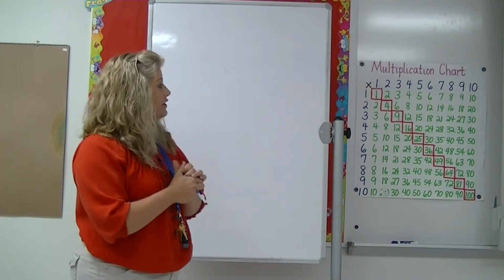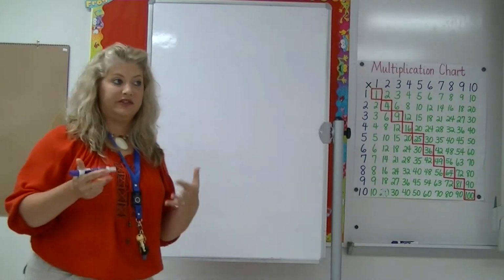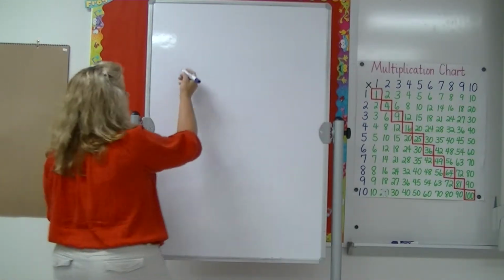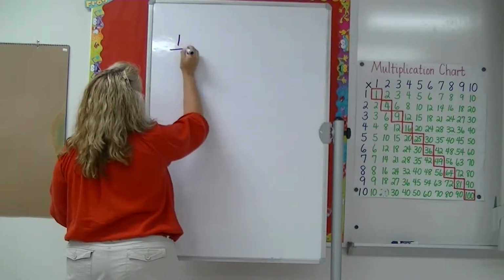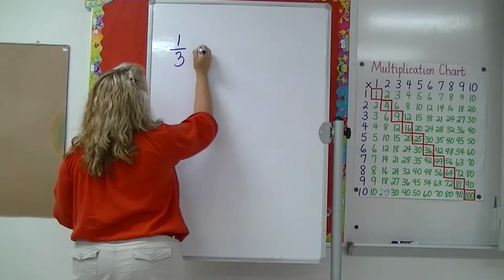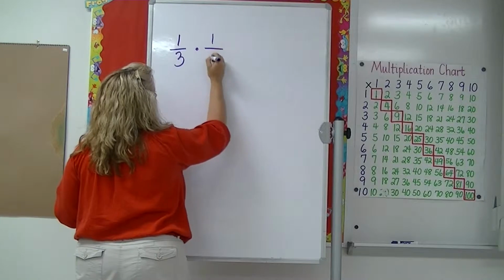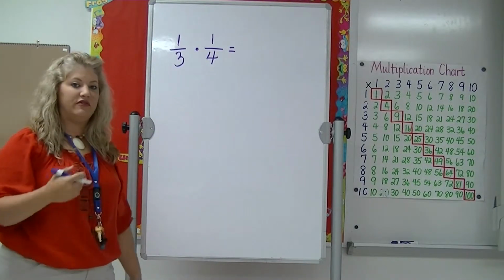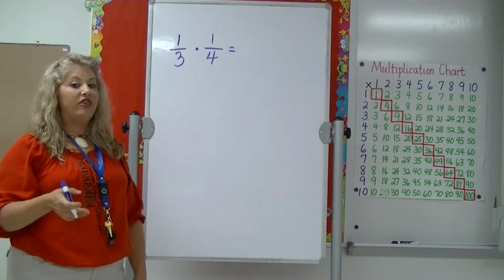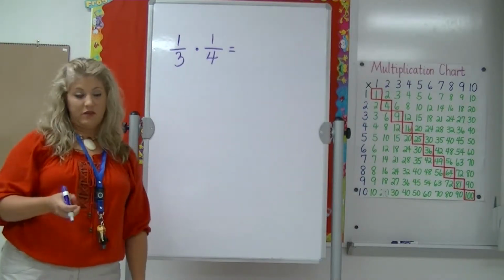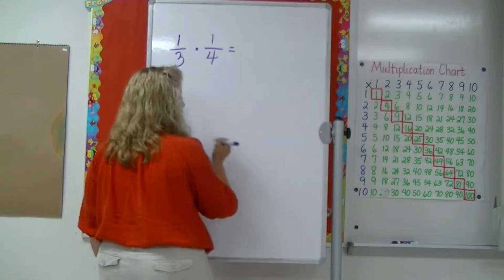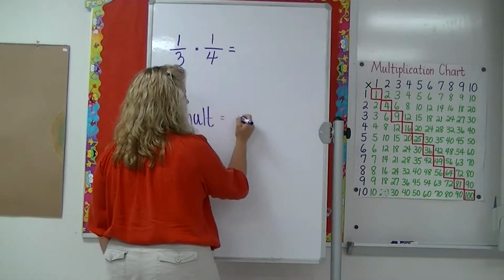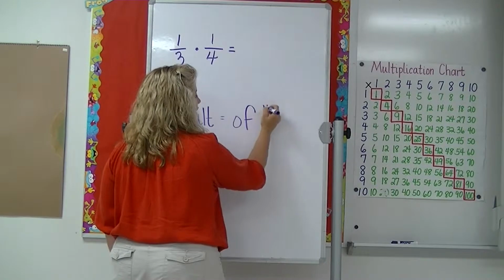Okay, today we're going to learn how to use models to multiply fractions. Multiplying fractions is not a difficult concept if you know your multiplication facts. Let's say I want to multiply 1/3 times 1/4, or 1/3 of 1/4, because remember, multiplication equals of.